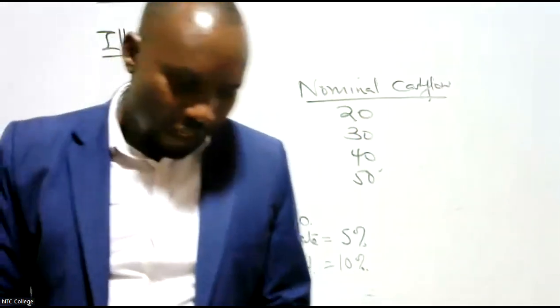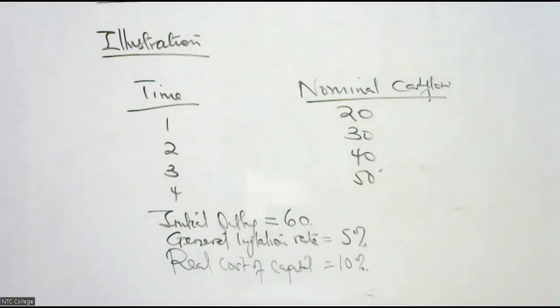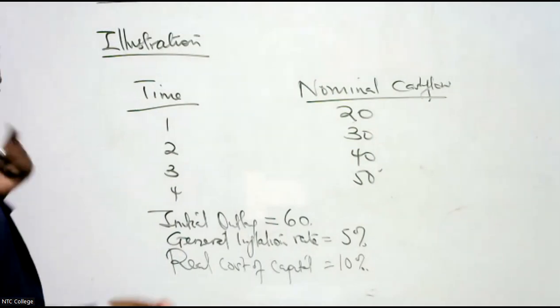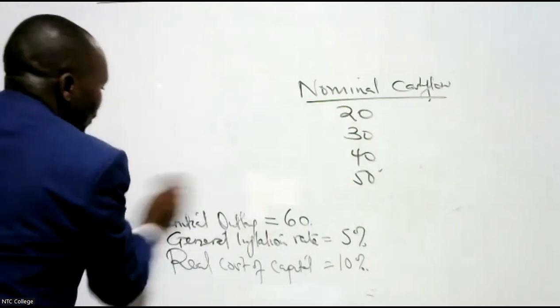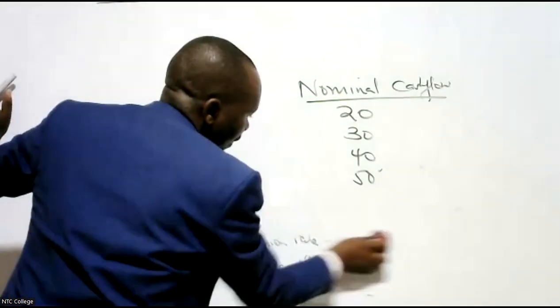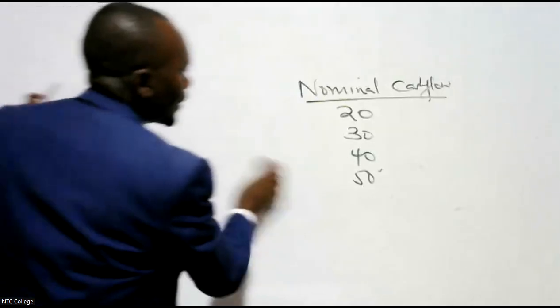So let's start. Requirements, you can say required. Determine the NPV using the nominal cost of capital. Who has done that for me?